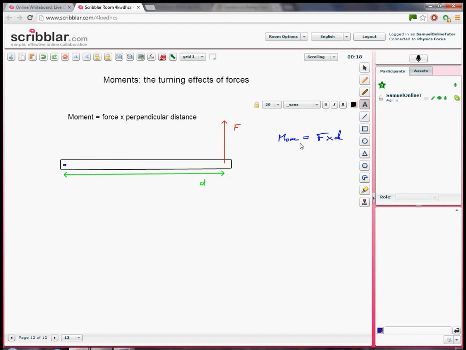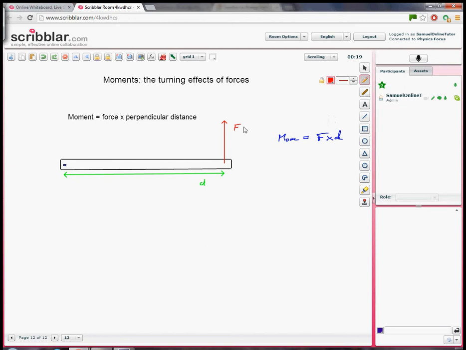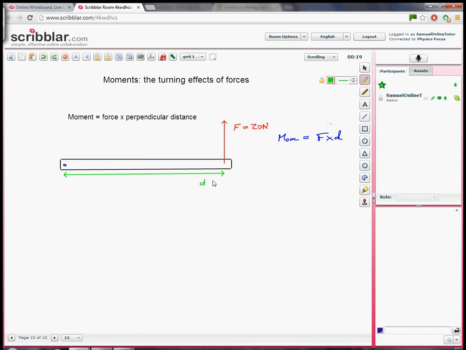The moment is size of force times the distance. So let's put some numbers in. Let's say I'm pulling with a force of 20 newtons, and the distance here is 1.6 meters. It's a big car-sized gate.